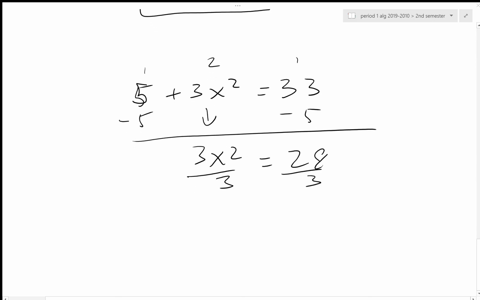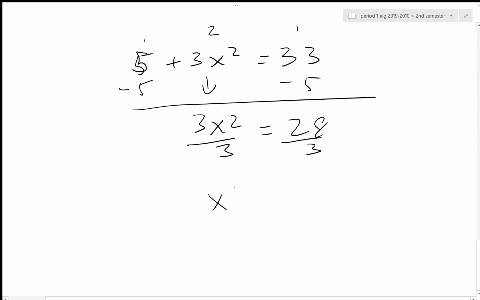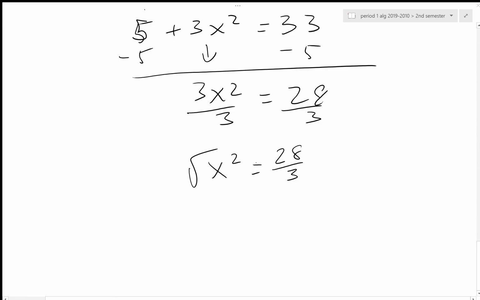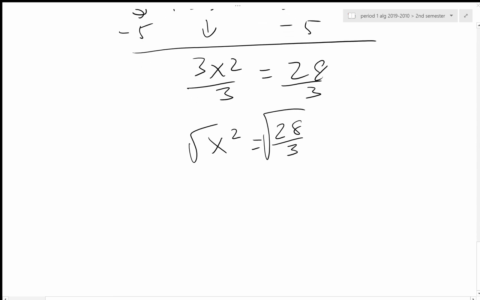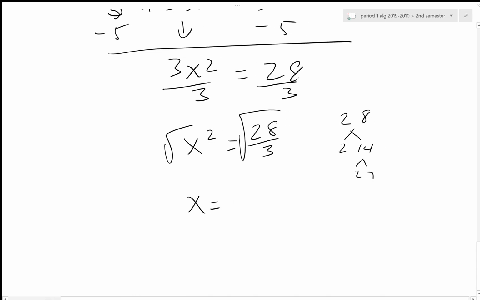Divide by 3. Now, you can't divide 28 by 3. You get a decimal. So we're going to leave it as 28 over 3. Take the square root. Is there a square root of 28? The answer is no. Is there a square root of 3? No. So let's break down 28. 2 and 14. 2 and 7.